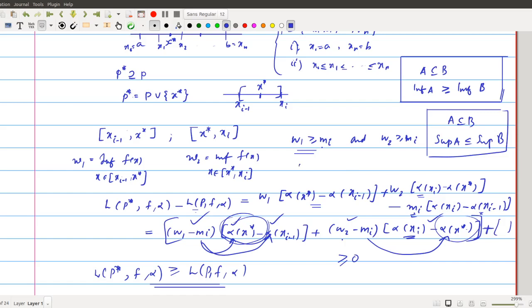That means if capital W1 is the supremum corresponding to the subinterval, we have this result, and capital W2 is less than or equal to capital Mi. Using these inequalities, you can easily prove that U(P*, f, alpha) is always less than or equal to U(P, f, alpha). So this proves theorem 6.4.